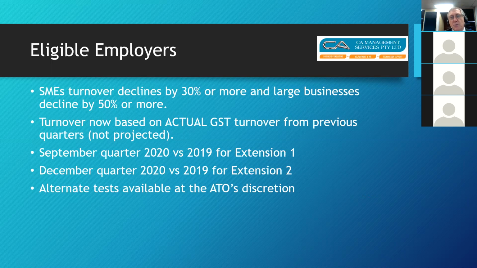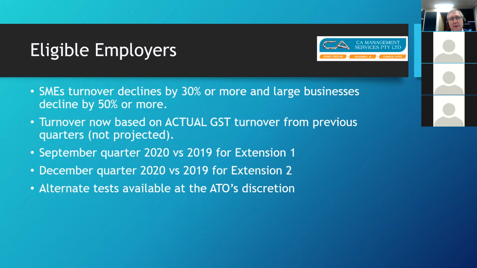For the next 2, they're looking at your actual GST turnovers for this year. To be eligible for version 2, you need to look at your September quarter for 2020 versus 2019 and be 30% down.